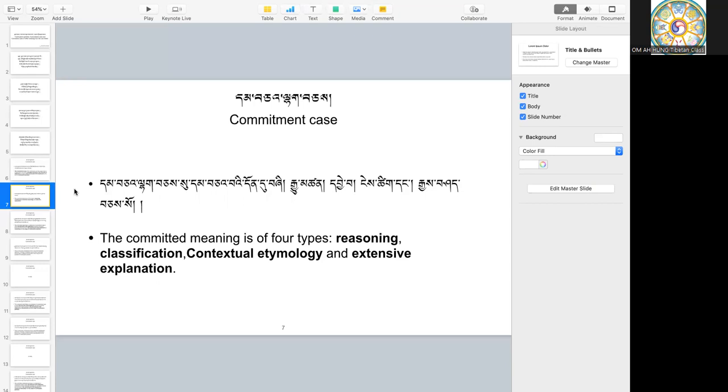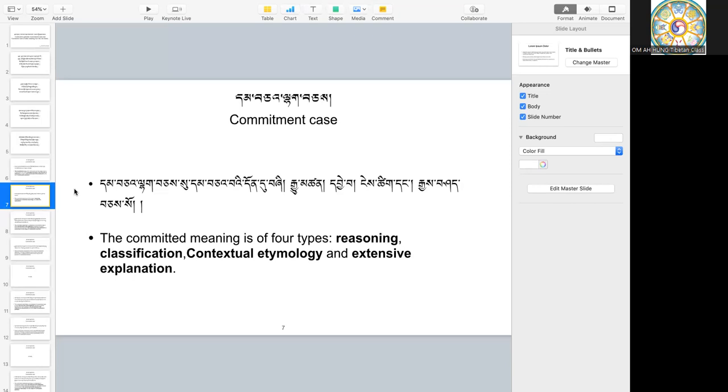The committed meaning is of 4 types: reasoning, classification, contextual etymology, and extensive explanation. So these are the 4 committed meanings. That is, for each of these types of statement, the first portion commits to show or give a reason for something that has happened, or for some claim that it has made.